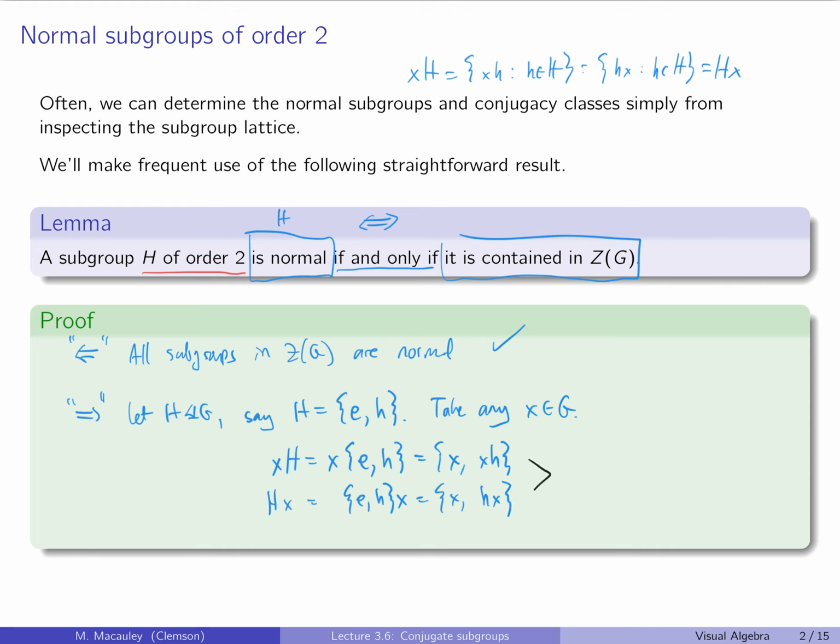Now, these two cosets have to be equal because H is normal in G. Well, obviously, x and x are the same element, but that forces these two elements to be the same. In other words, xh equals hx, and since x was an arbitrary element in G, that means that H is contained in the center of G, and that's what we wanted to prove.